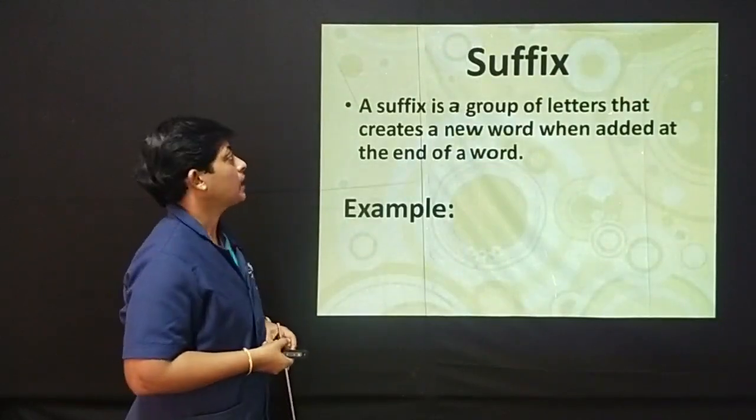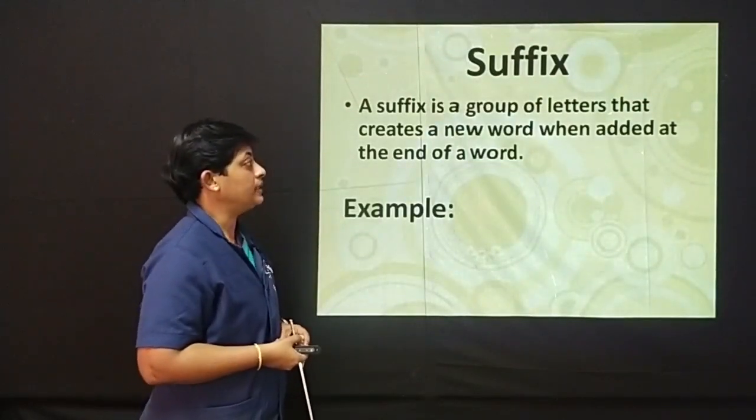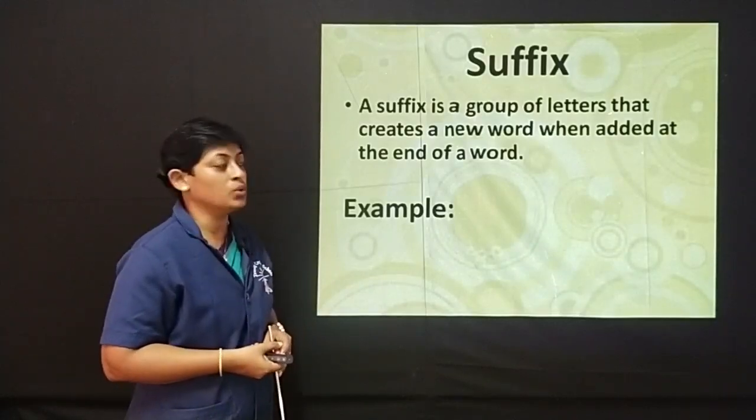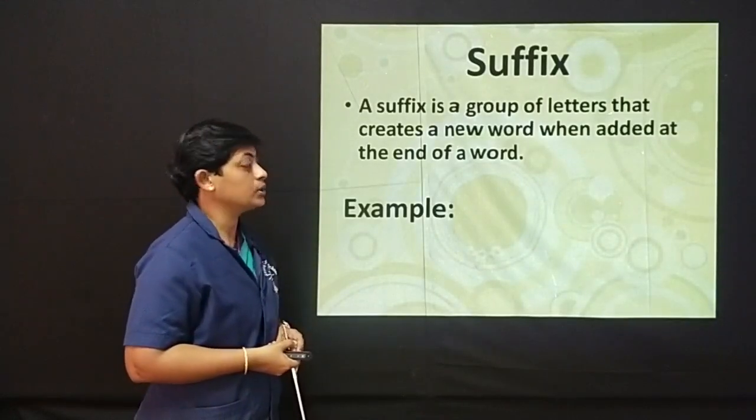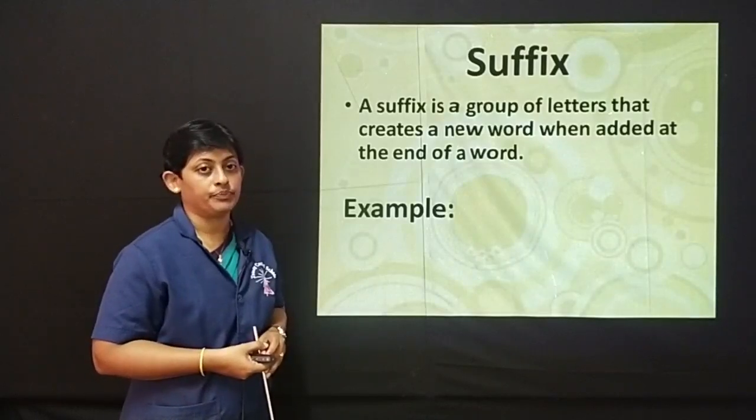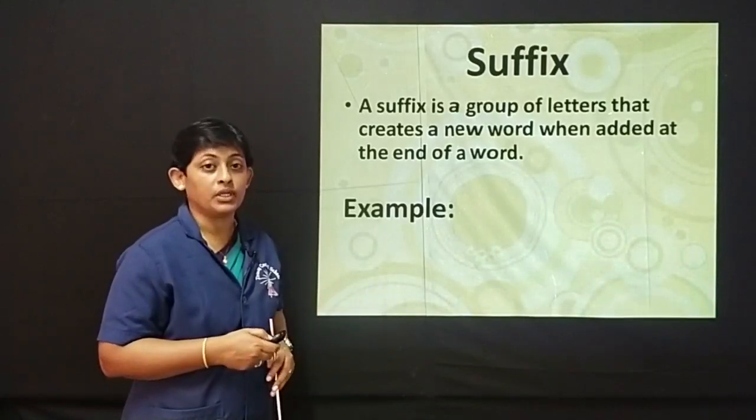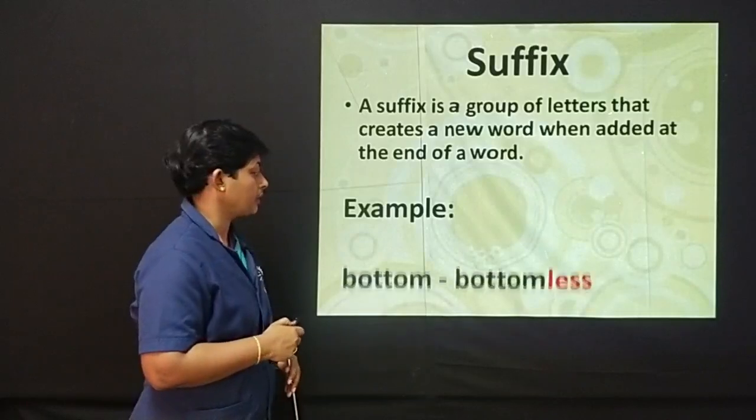What is suffix? A suffix is a group of letters that creates a new word when added to the end of a word. Let's find out with the help of a few examples.